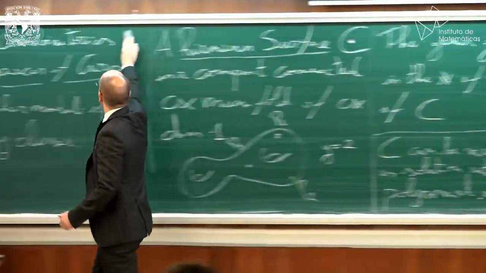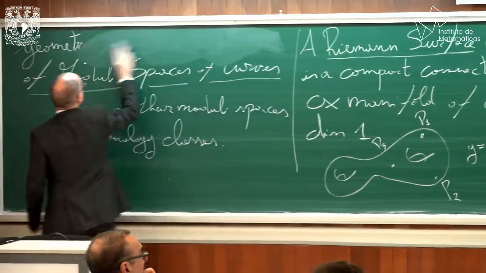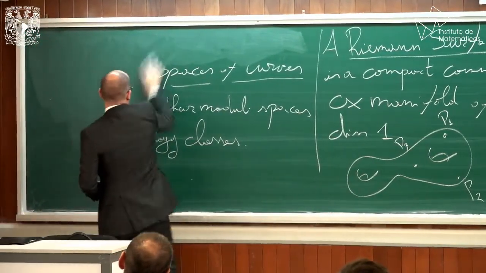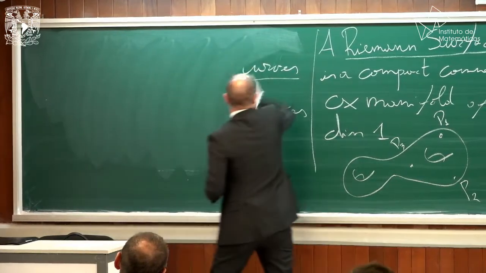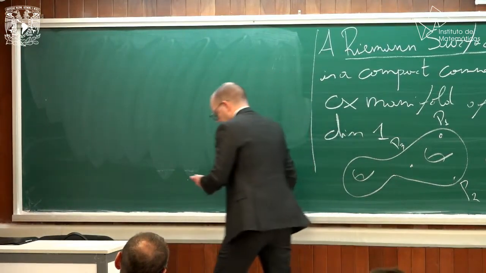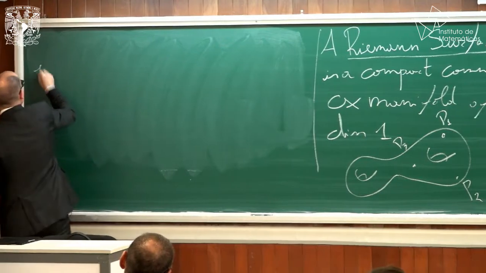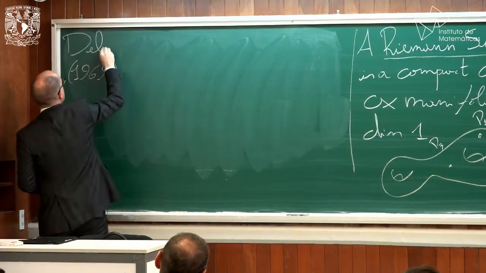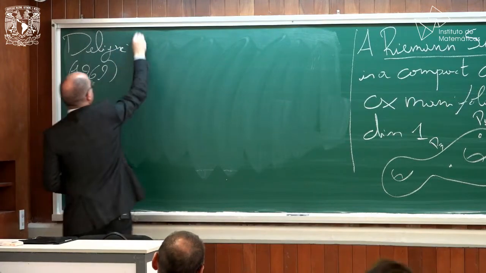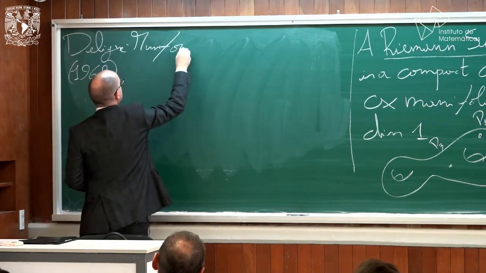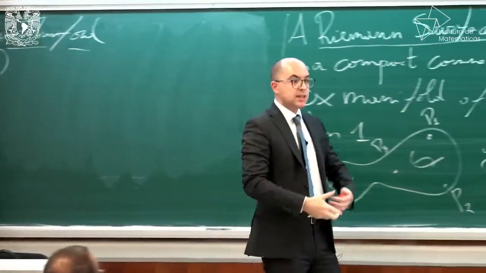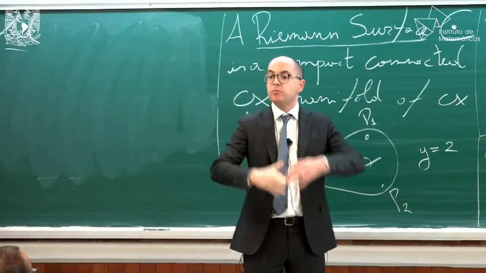Now I will skip many chapters of the history and go directly to 1969, when Deligne and Mumford considered a moduli space of bigger objects.